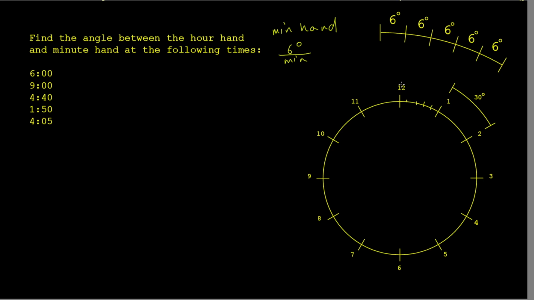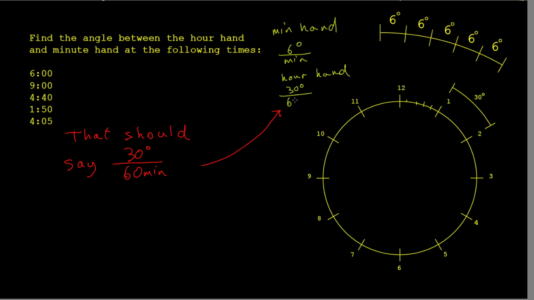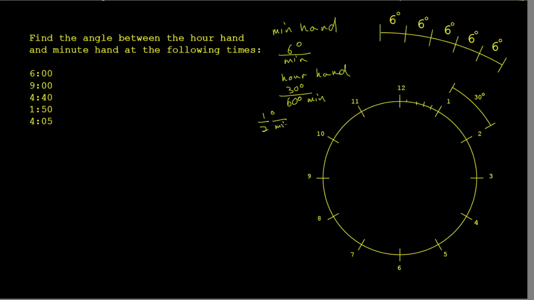Now the hour hand goes from 12 to 1, 1 to 2, 2 to 3 every hour. So the hour hand goes 30 degrees per 60 minutes, which is then 1/2 of a degree per minute.